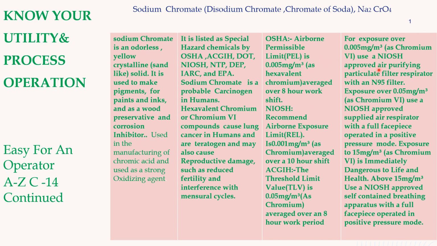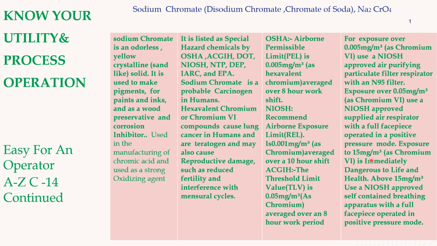Now we can see the precautionary method. For exposure over 0.005 milligram per meter cube as chromium 6, you have to use a NIOSH approved air purifying particulate filter respirator with an N95 filter. For exposure over 0.05 milligram per meter cube as chromium 6, use a NIOSH approved supplied air respirator with a full face piece operated in a positive pressure mode.